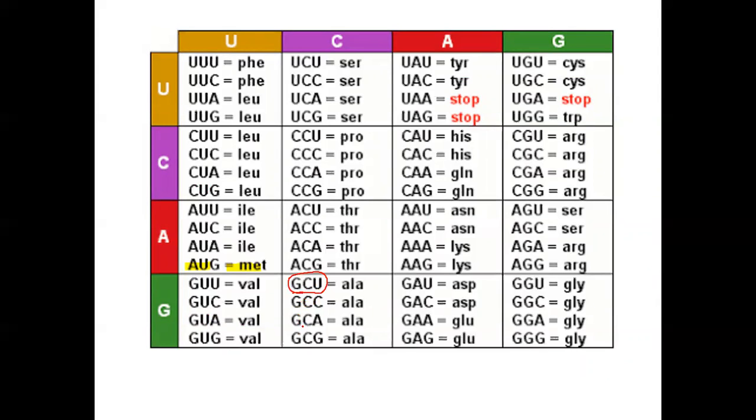So I had an RNA sequence GCU, and it was UUU, CCU, and let's say instead of this U right here, it was mutated to an A. So when I was doing my transcription, instead of GCU, I had a mutation, and it's now GCA. Notice it's still alanine. Well, that's what's going to be considered a silent mutation.